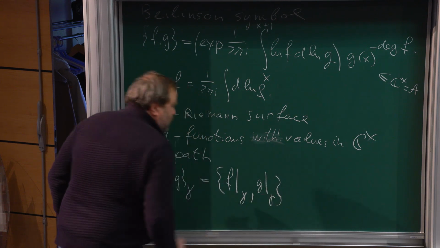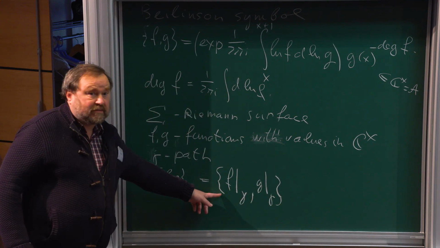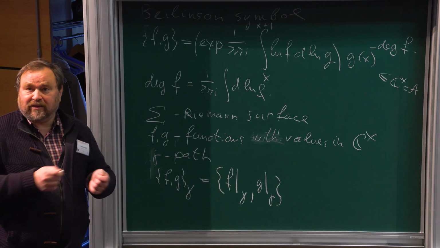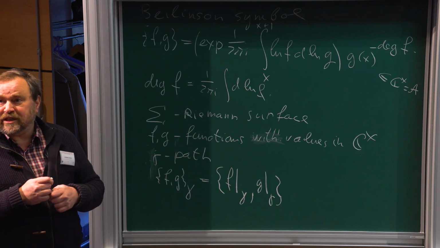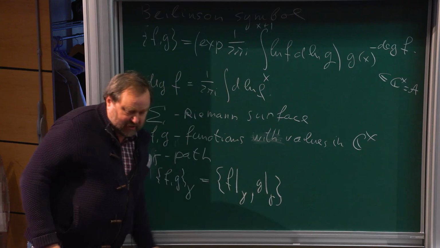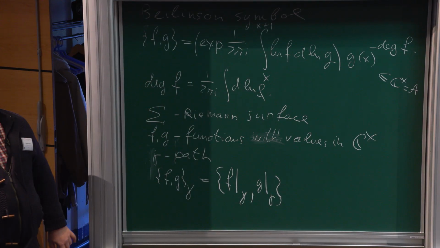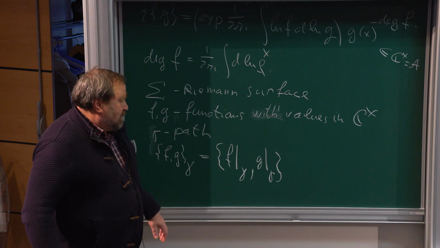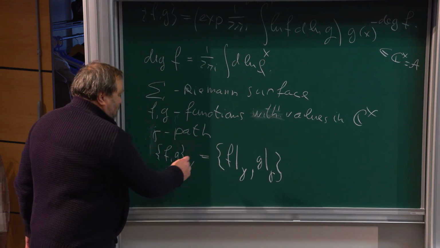Of course, this symbol doesn't depend on the homotopy class of gamma. It's like computing a residue by taking a contour integral, a little more complicated than usual, but multiplicative. And also it's just notation.